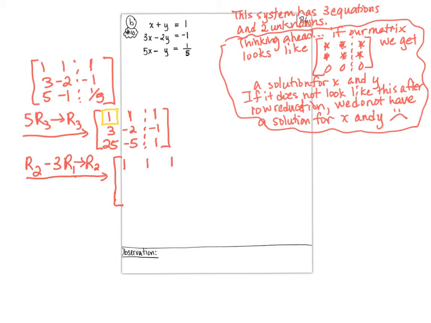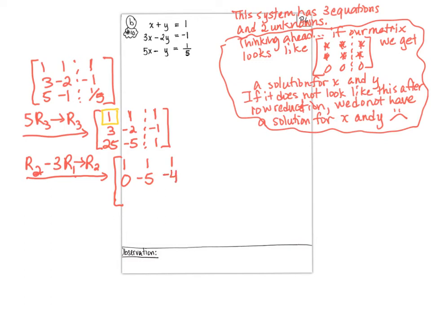What is row 2 going to become? Want to walk through it together? Row 2, you have 3 minus 3 times 1, 0. Then we have negative 2 minus 3 times 1, negative 5, good. And then negative 1 minus 3 times 1. What do you get? Negative 4, good.